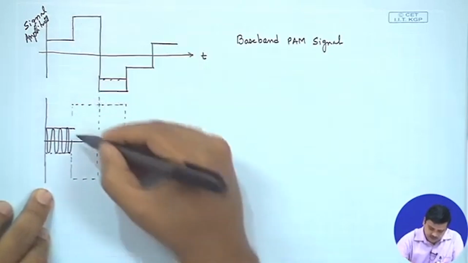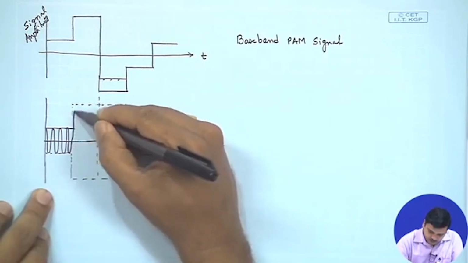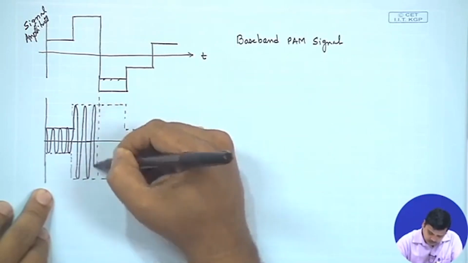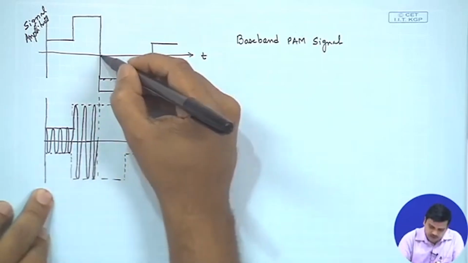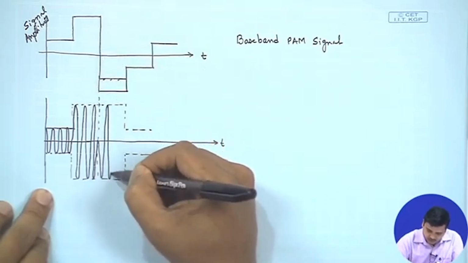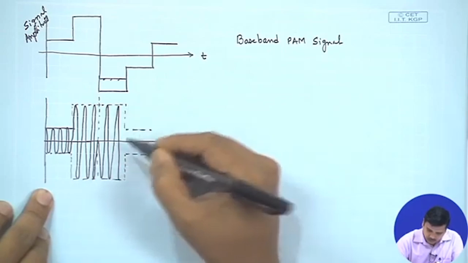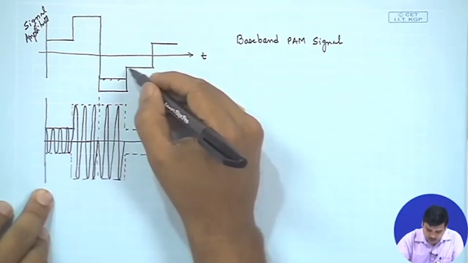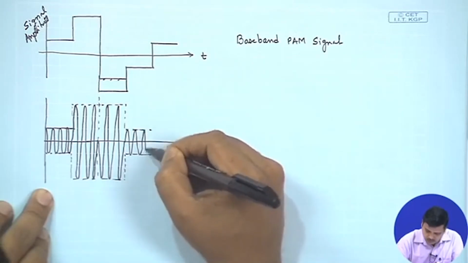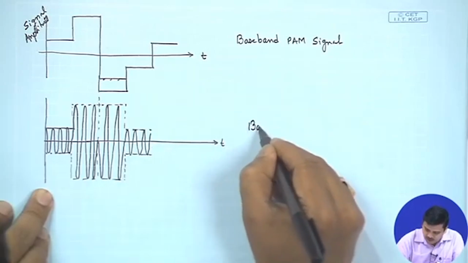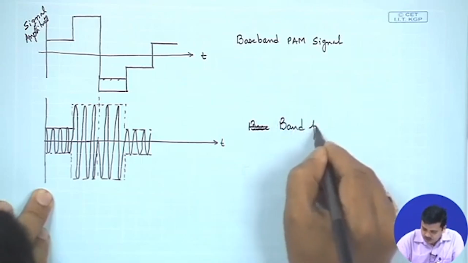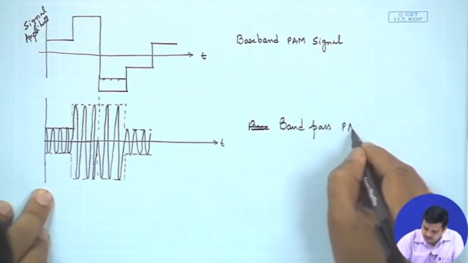Since there is phase continuity, this will go on. Now, there is a phase reversal at this point, so we would consider a phase reversal, and here there is no phase reversal, the phase is continuing. So, this we could say is the passband or the bandpass PAM signal.